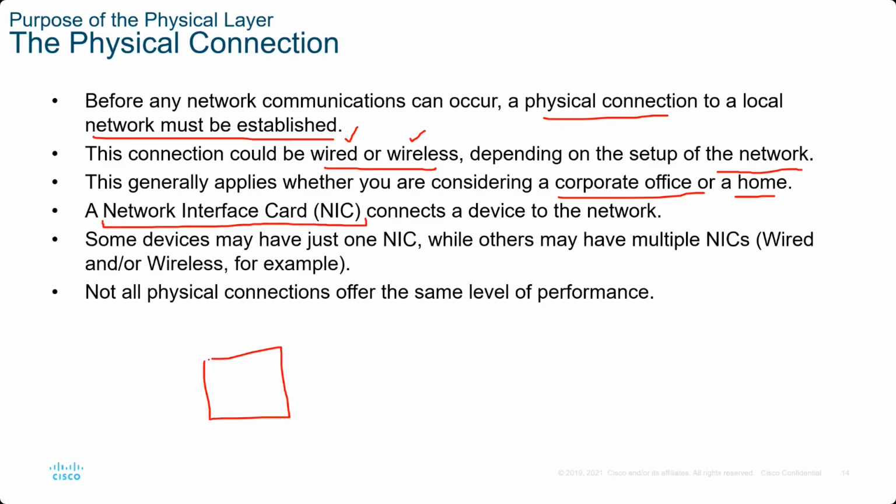If you have a computer, a laptop or a mobile phone, it must have a network interface card, which comes pre-installed on most devices, but you can also buy a separate one. If you have a modular PC, you can connect it.